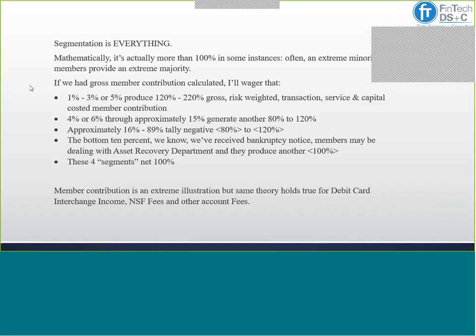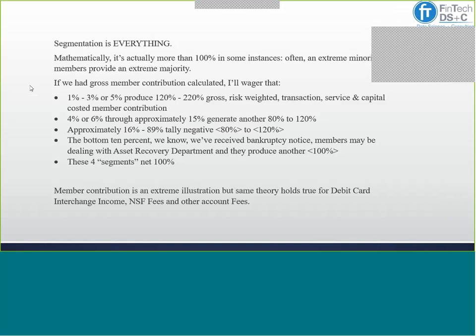They're in the asset recovery department. We have bankruptcy notices from their attorneys. We're paying lawyer bills related to those members. So we normally know the bottom 10%. Their loans are on non-accrual. They're going through charge-off. And so that 10% hit us hard. And the net of all these segments is the net 100% of member contribution.